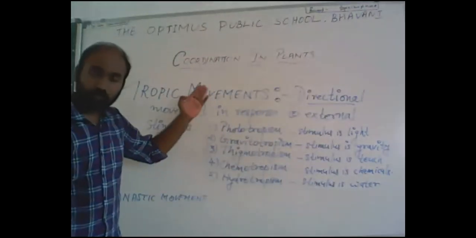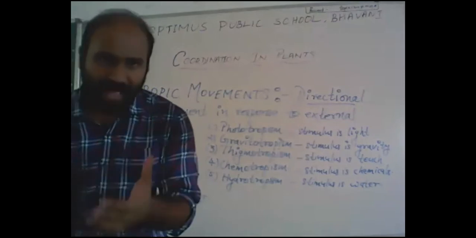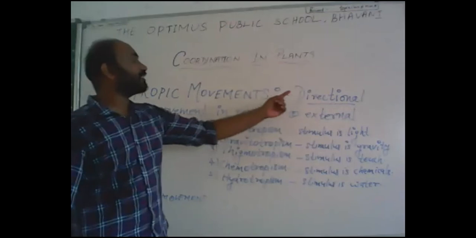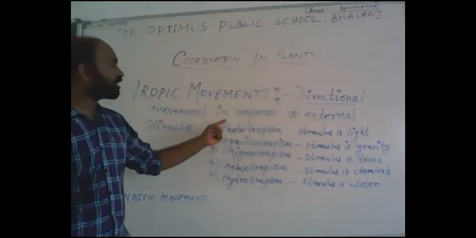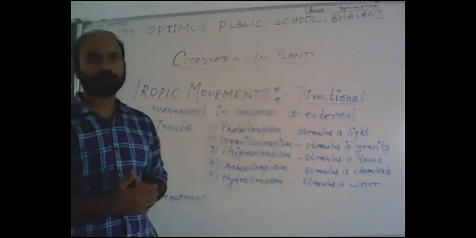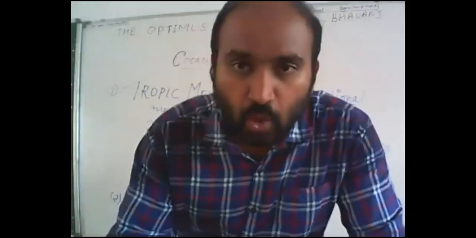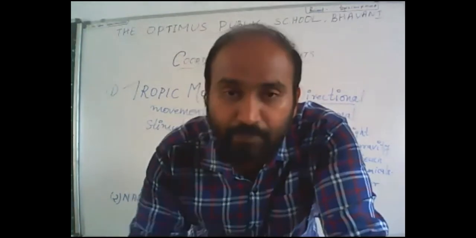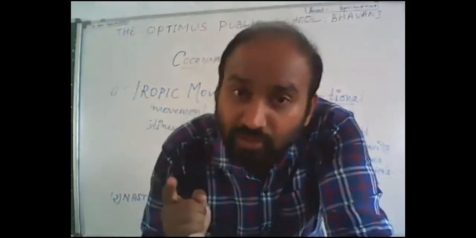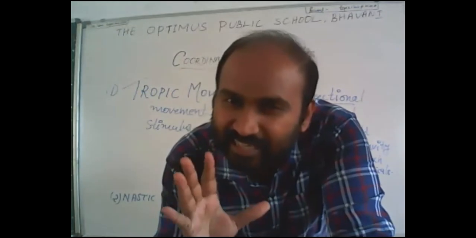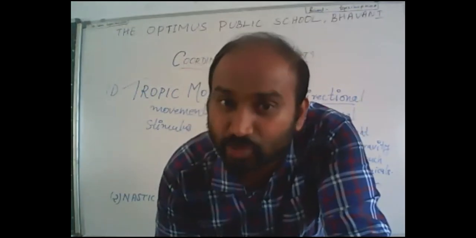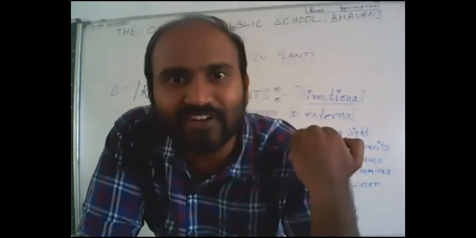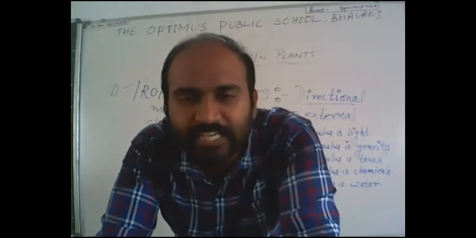Tropic movement. Now, tropic movement is a type of movement which plants undergo which is related to the direction. See here. The directional movement in response to an external stimulus. You know that plants grow towards light, isn't it? The light is the stimulus there, and the shoot grows towards the light, right? So there's a relation in terms of direction. The root at the same time grows away from the light, isn't it?